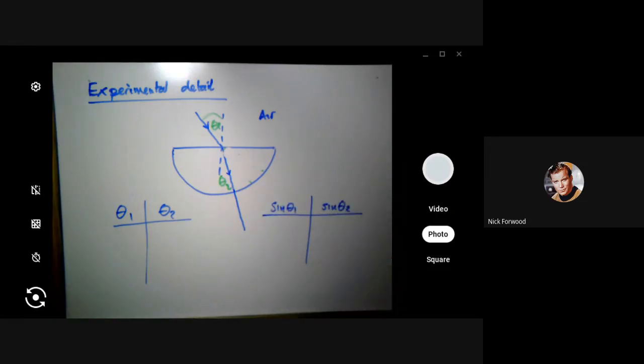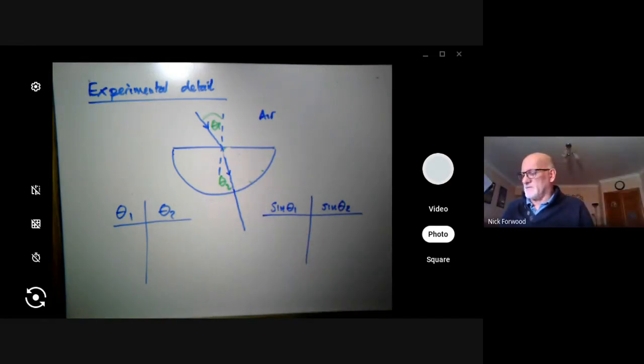We then plot sine θ1 against sine θ2. We get a straight line, and by measuring the gradient of the straight line, we can find the refractive index of the material. So this is an experiment to find the refractive index of a bit of material, of a medium.